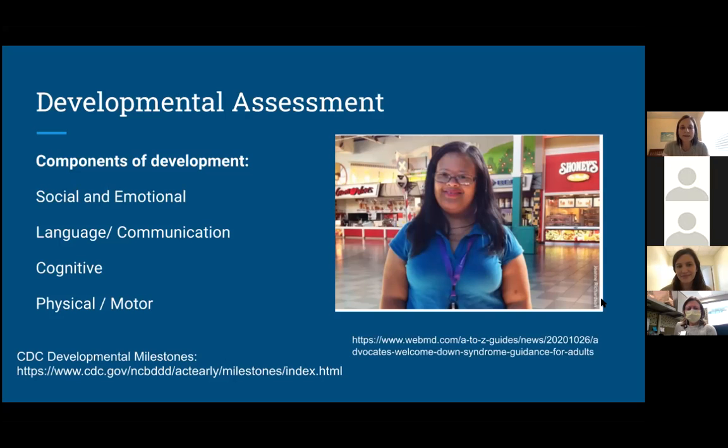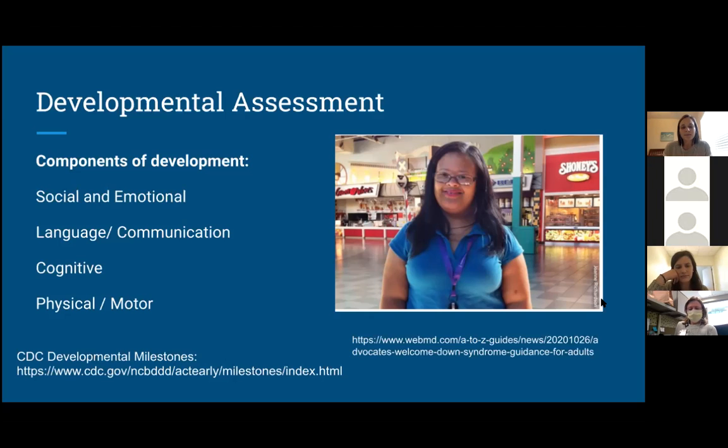So 6 months is about normal for development, but as we're pointing out, this may take many more years for some of our patients to be able to do some of these motor skills, or they may not be able to do some of these motor skills, and that would be really important to know about the patient, and may increase our risk of ulcers or other skin breakdown that we'd be considering on the differential.